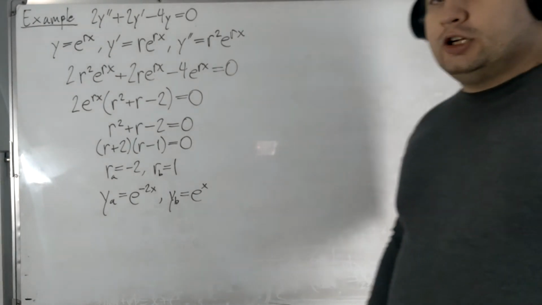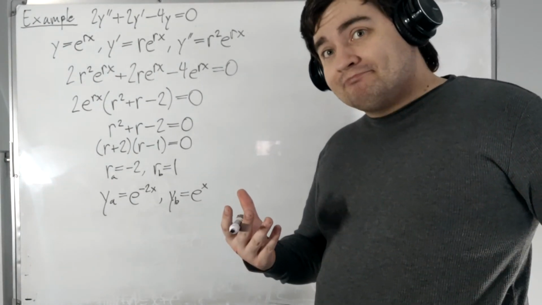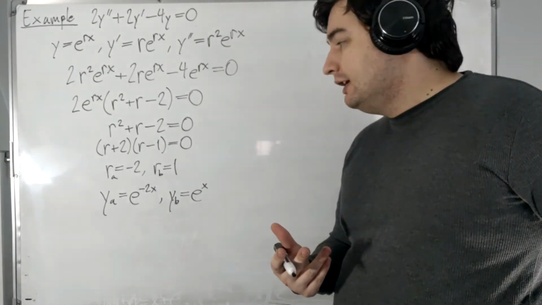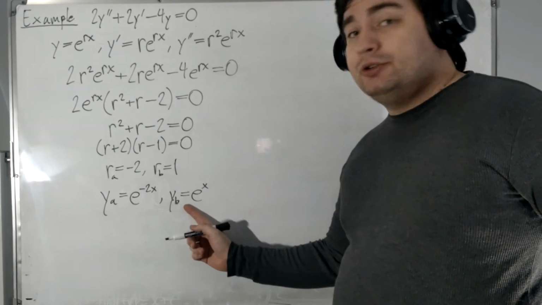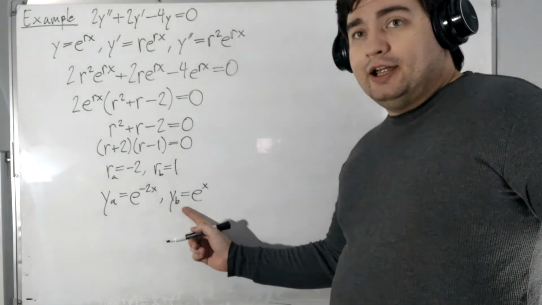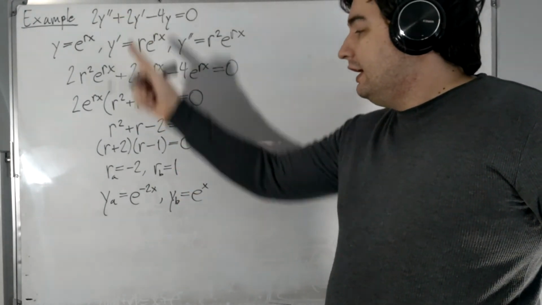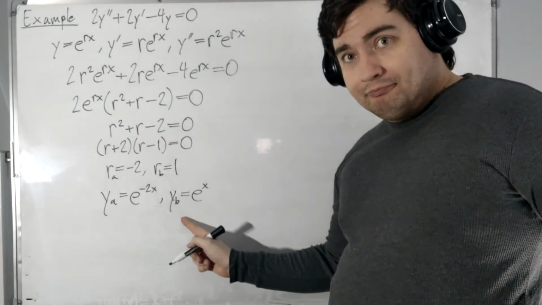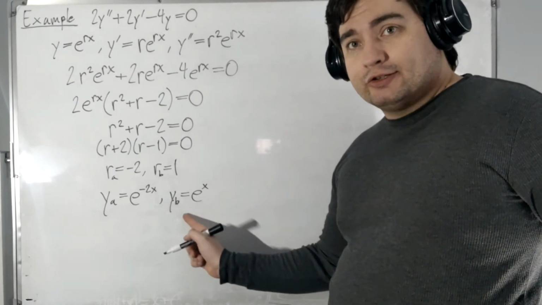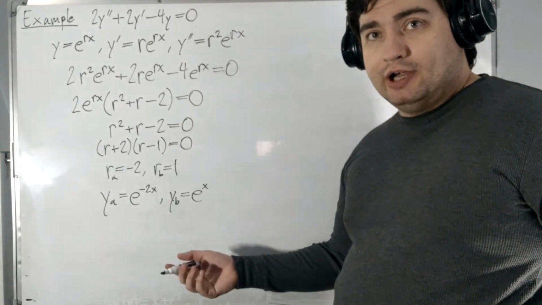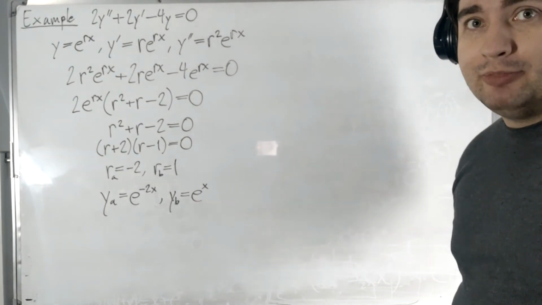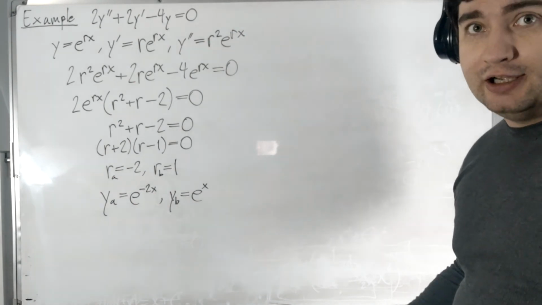Okay, so according to our solution theorem for linear homogeneous ODEs, we have two solutions. As long as the ODE is second order and these are linearly independent, the general solution is just all the linear combinations of these. Okay. Well, it turns out that they are linearly independent. You can show that by taking the Wronskian and seeing that it's not equal to 0.